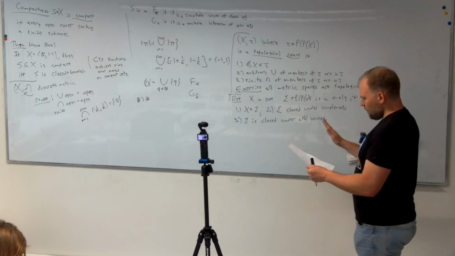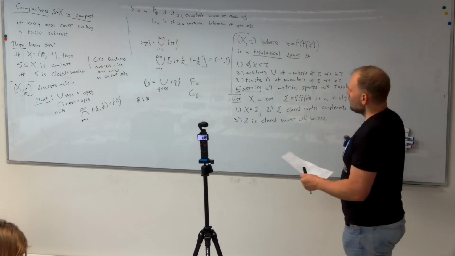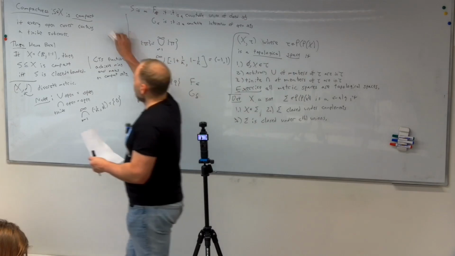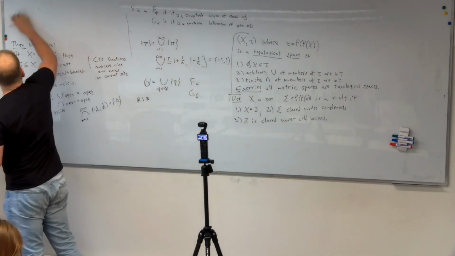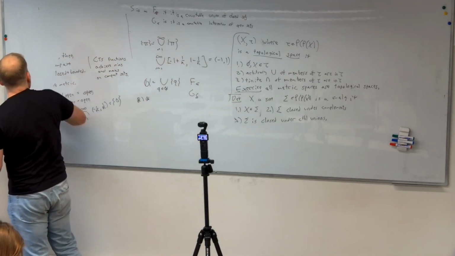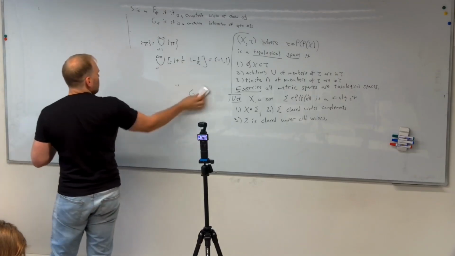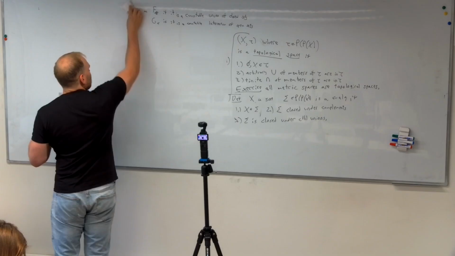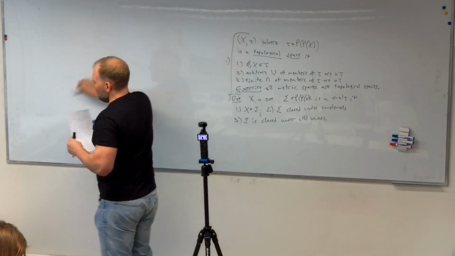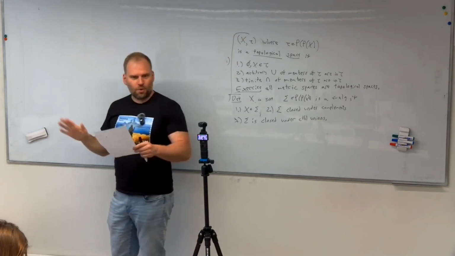So I guess you guys have already seen this. I want to define the Borel sigma algebra. And the Borel sets will be very, very important going on, so I just want to make sure that everybody's following where we're at here.